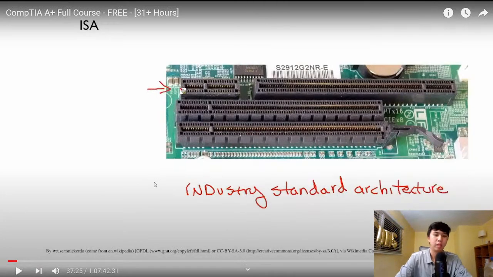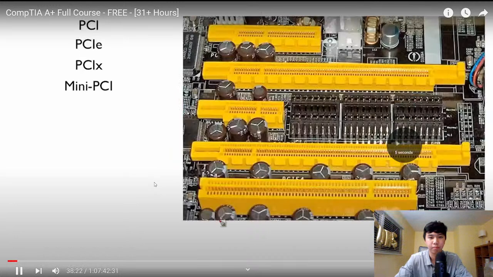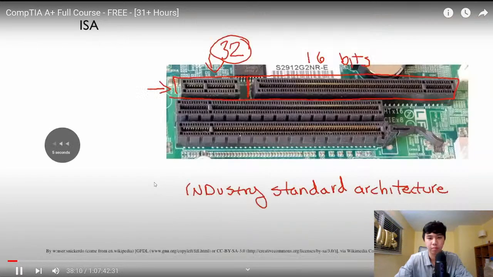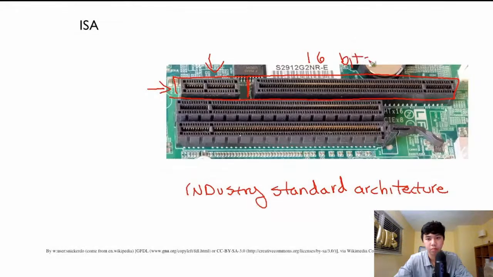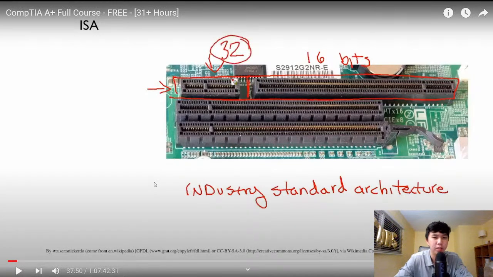It's an extension of a 16-bit bus, and this can expand to 32 bits.